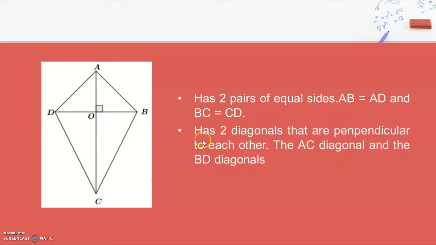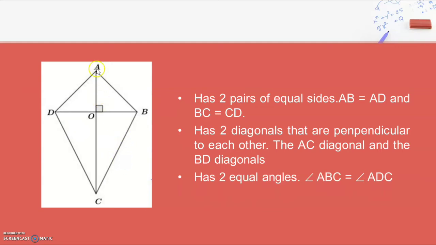2. The kite has two diagonals that are perpendicular to each other. The diagonals of the kite are diagonal AC and diagonal BD. So, diagonal AC is perpendicular to diagonal BD. 3. The kite has two equal angles.